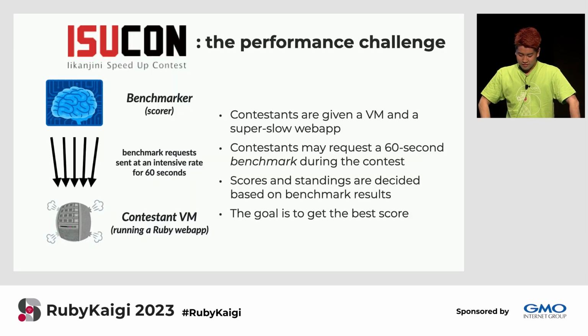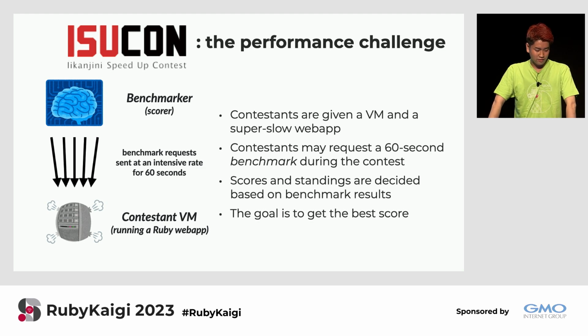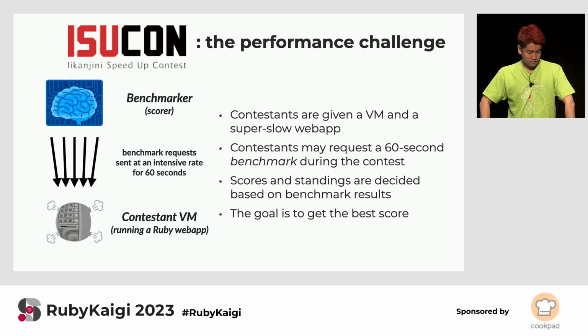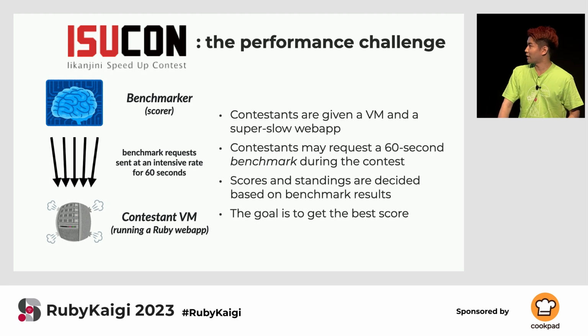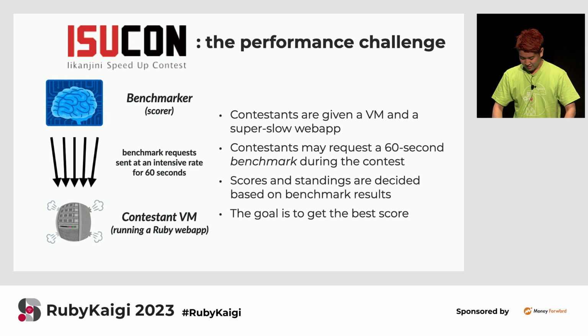So here's the challenge. There is a performance challenge competition called ISUCON. Contestants are given 3 VMs, computing instances, and a very slow web app. It's slow to the point it's practically unusable.